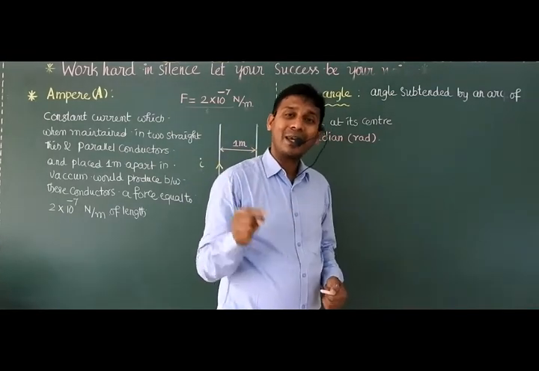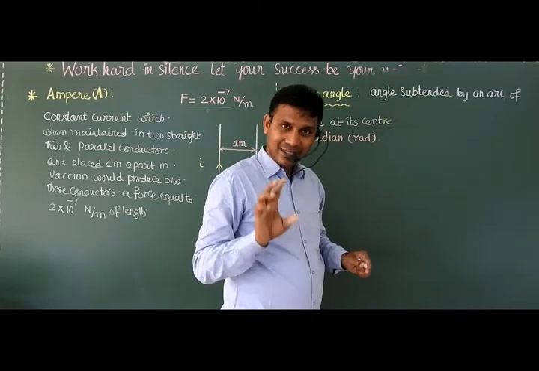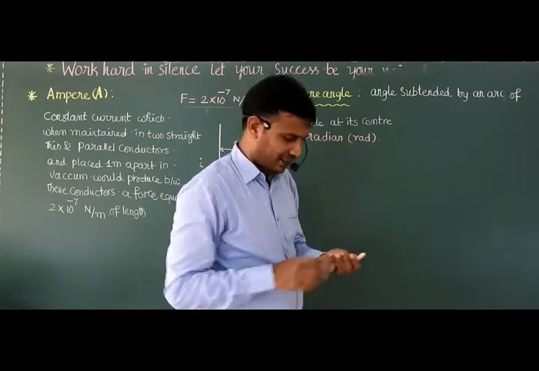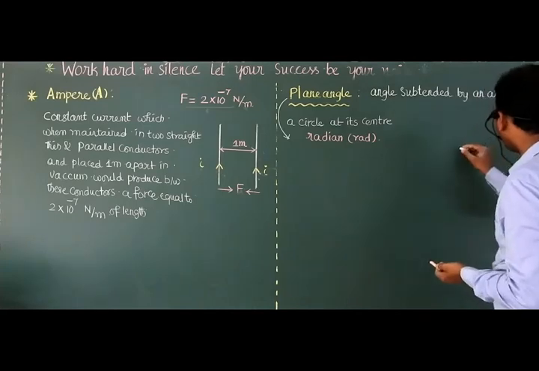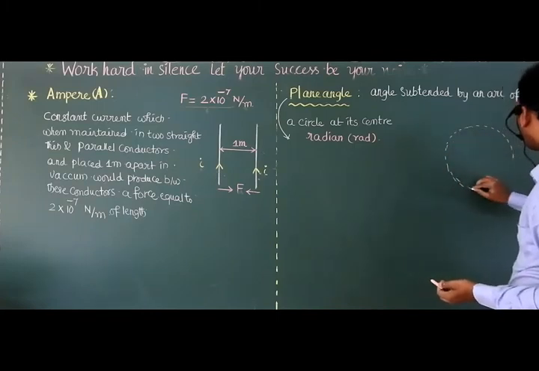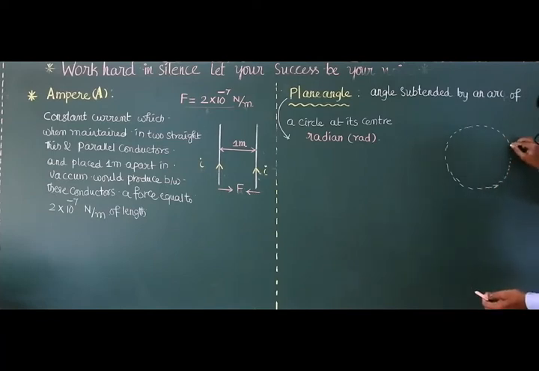Now what is a radian? Radian is the plane angle subtended by length of an arc of a circle at its center. For example, if you consider an arc of a circle, then this is the center of the circle, O. This is the arc of the circle.